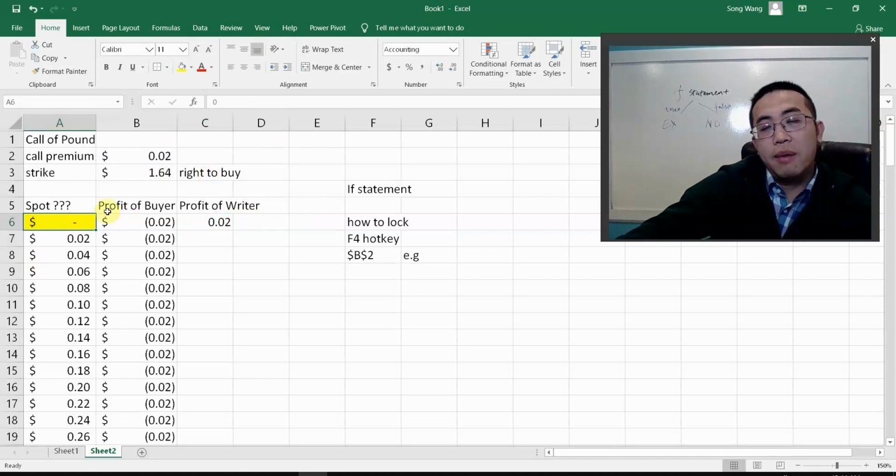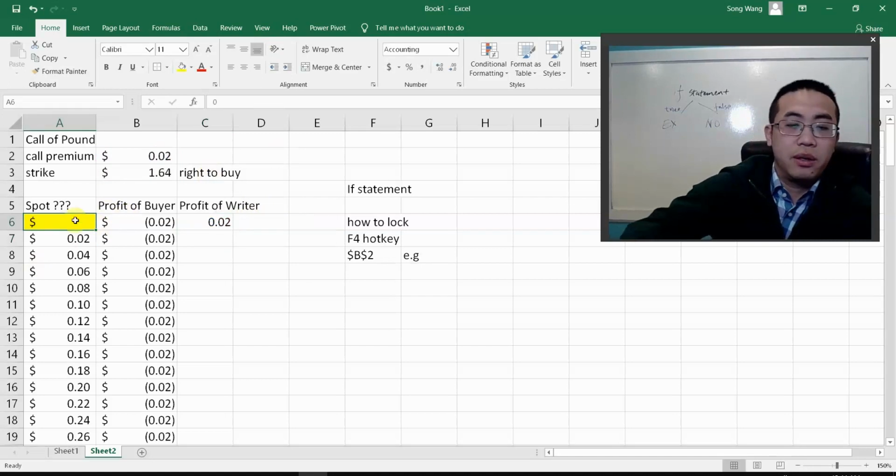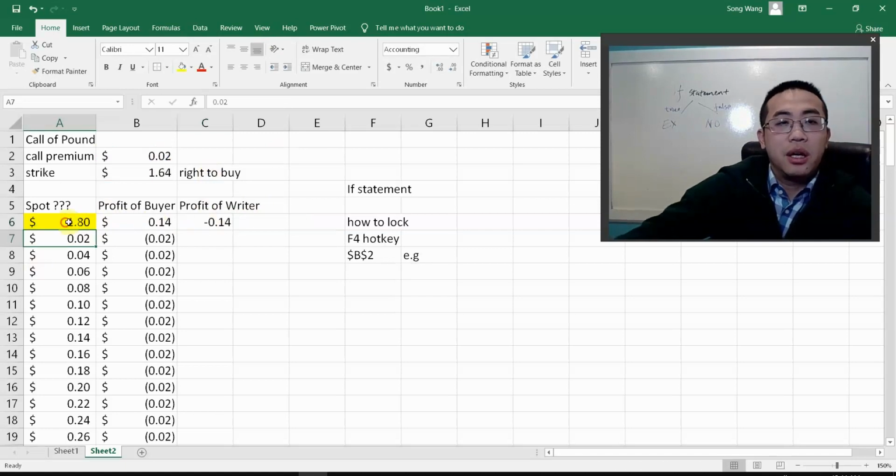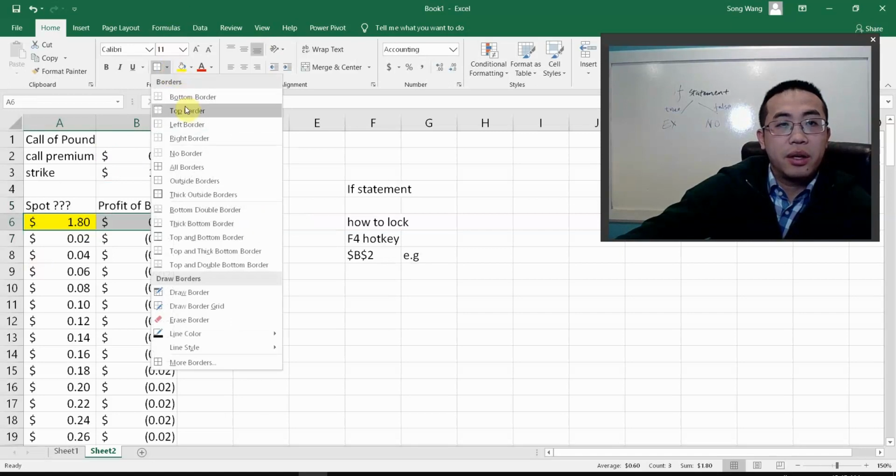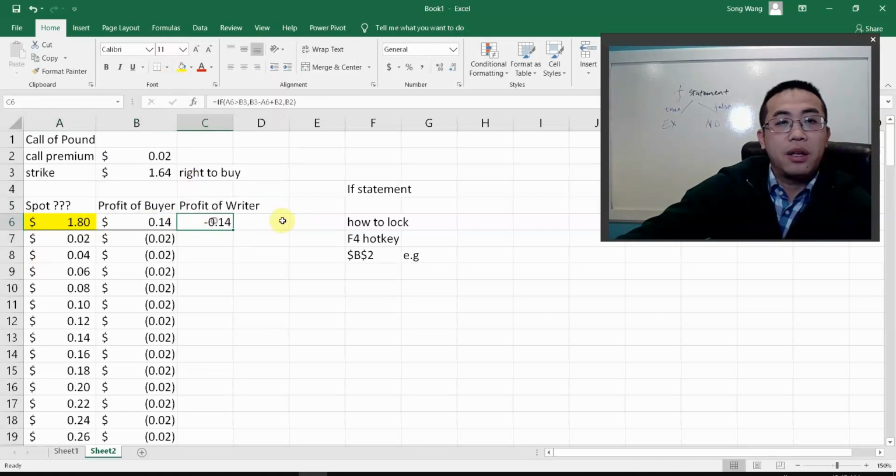Okay, so now I'm going to change this number from 0 to some large number, 1.8. As you can see, the option buyer has made a profit, then the option writer would suffer the loss. As I said, the option market is a zero-sum game.